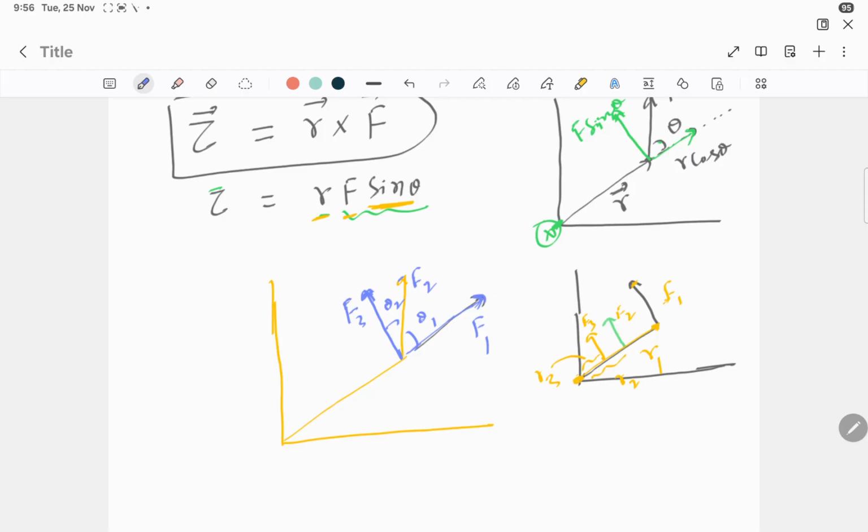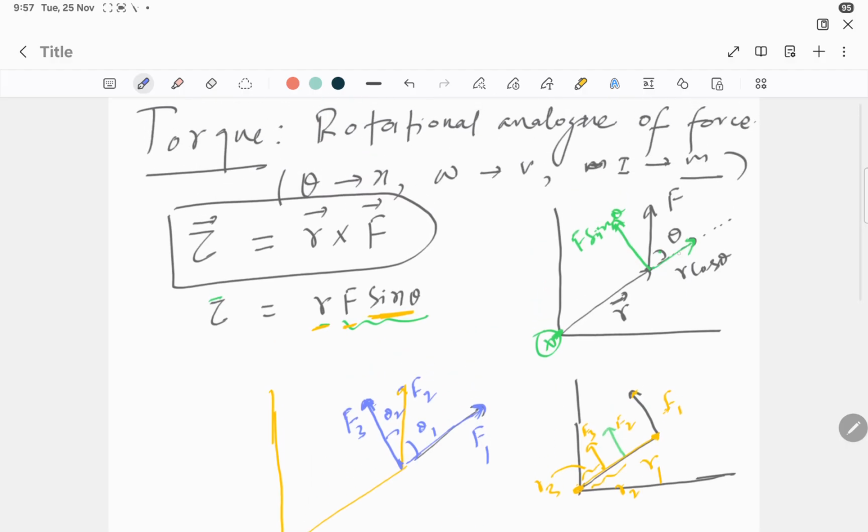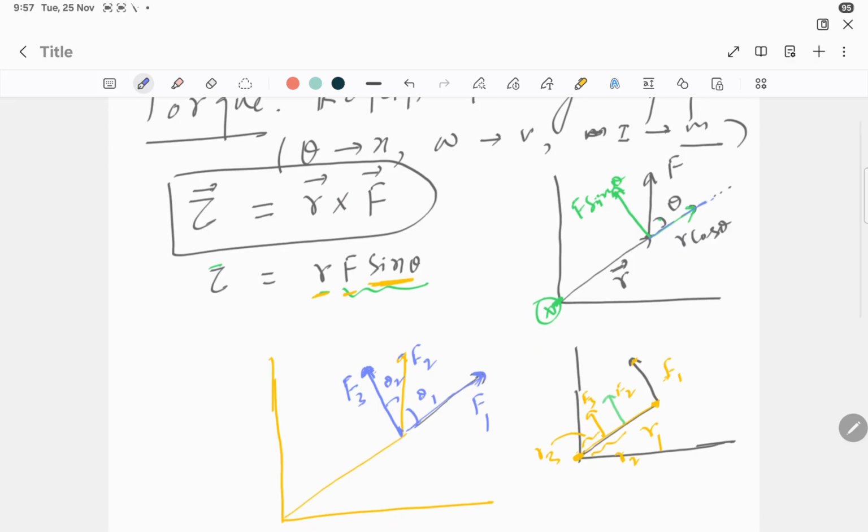If the magnitudes of all the forces are the same, then obviously F3 has the most effect of rotation, that is angular acceleration, because it has the maximum component along the perpendicular direction, which is causing the rotation. Again, let me repeat: the component along the position vector has no effect of rotation, and only the perpendicular component has the effect of rotation.